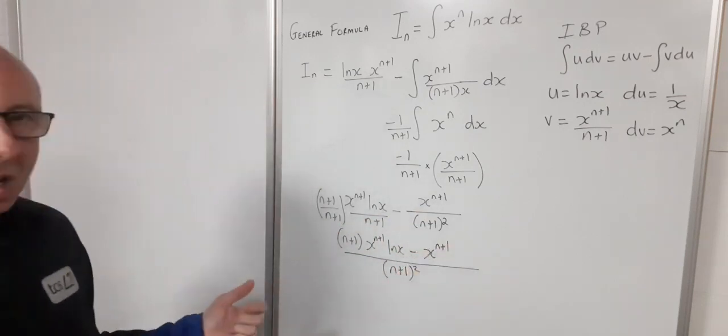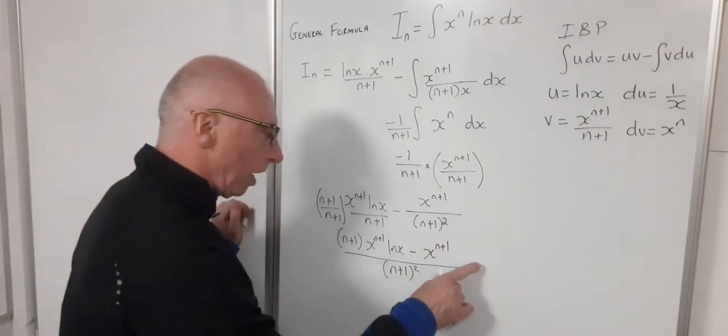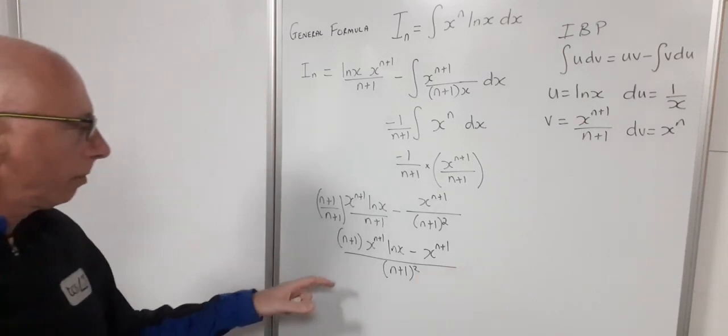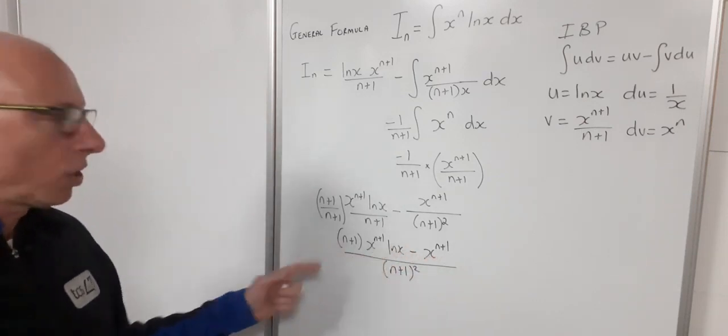Okay, now I'm going to add my plus c in a moment, but first of all I'm going to tidy this up a little bit, because I've got an x to the n plus 1 here and here, so I could just factor this out.